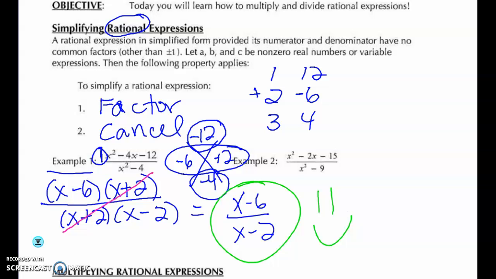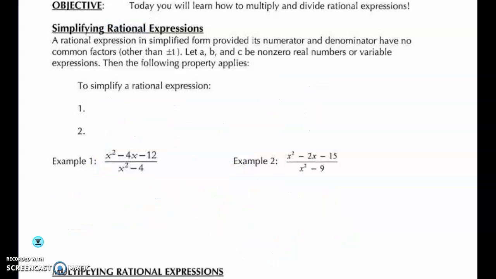All right, I'll do the next example on another video. Actually, I'm just going to continue right on here because I can get rid of all of our notes. Yay! Okay, so now we're going to do the same thing where we factor first. I'm looking at my top polynomial, also known as a trinomial because there are 3 terms, and I say to myself, what is 1 times negative 15?